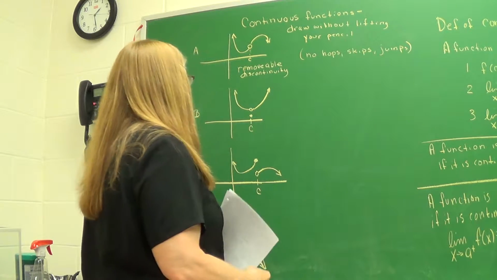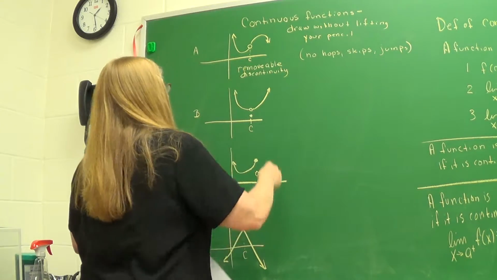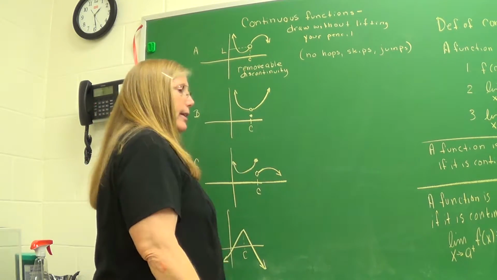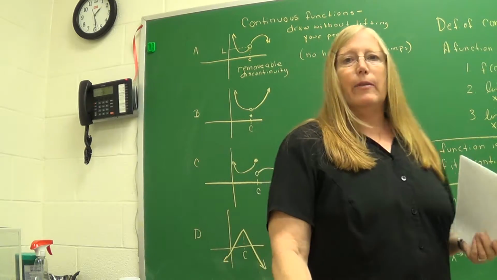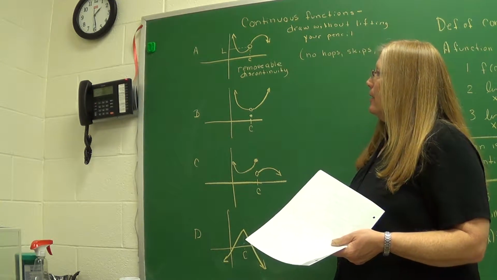So we observe as we come from the left and the right at C, the limit is the same. It's this value, whatever this is, we'll call it L. So it does have a limit at that spot. We've been well taught about that, but it is not continuous.